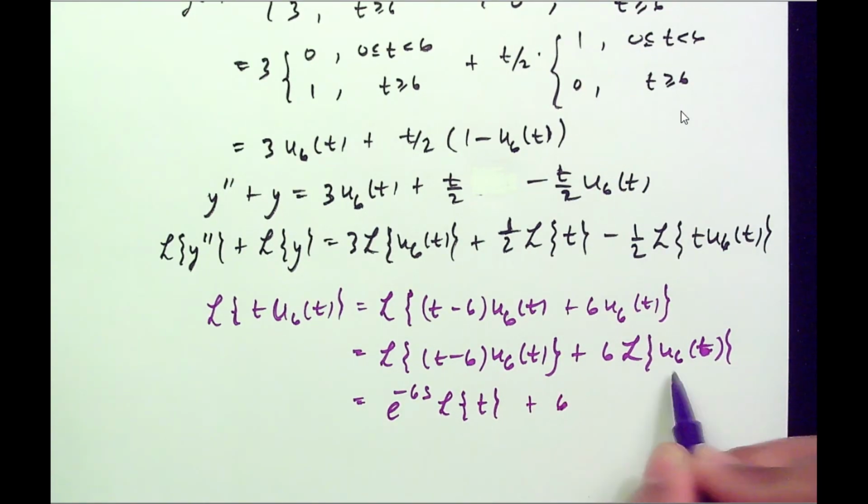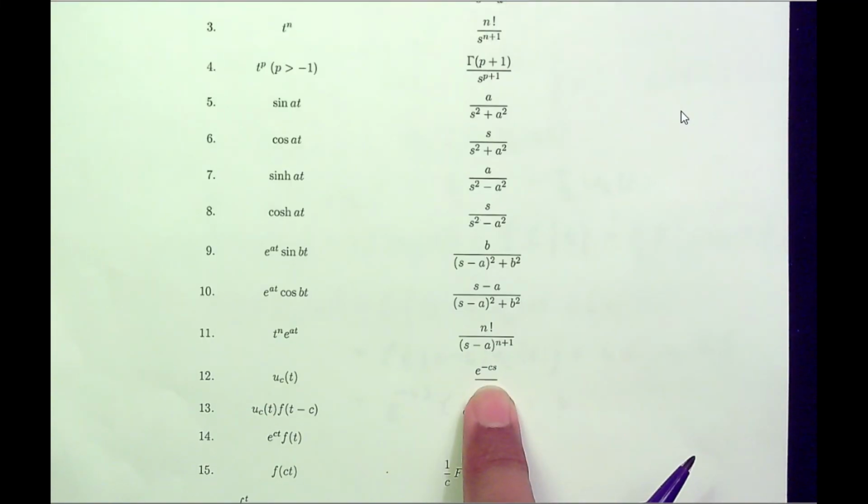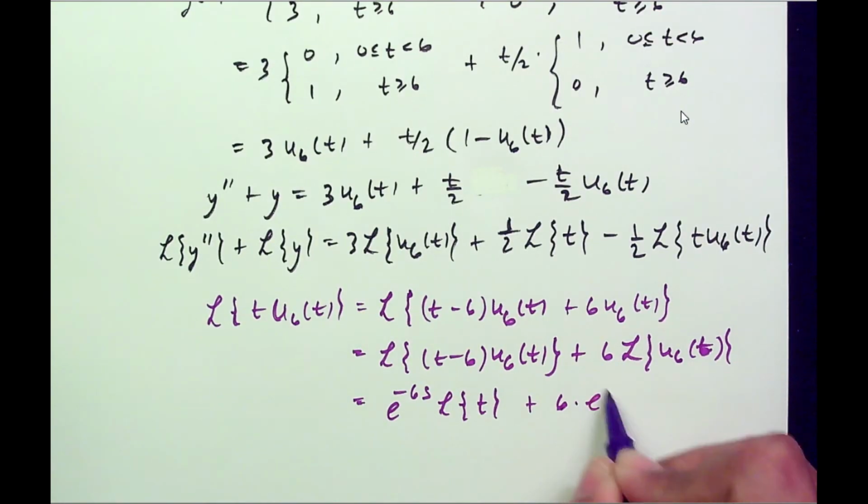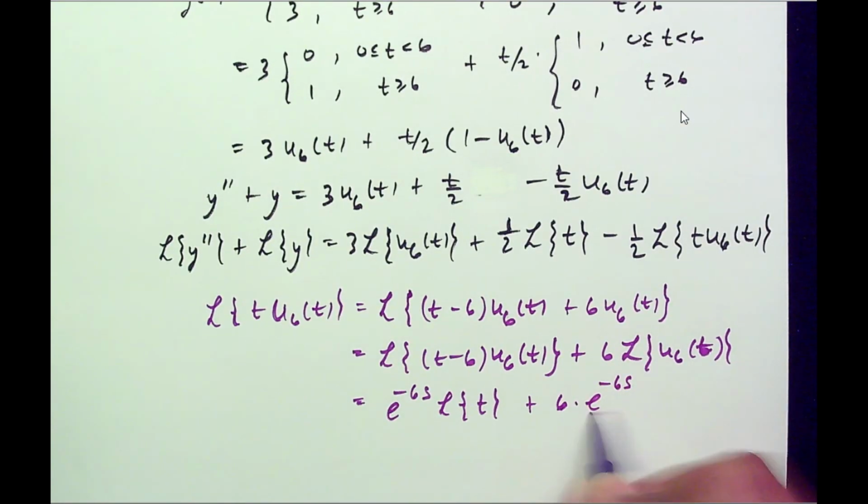And then the Laplace transform of u6 is e to the minus 6s over s.